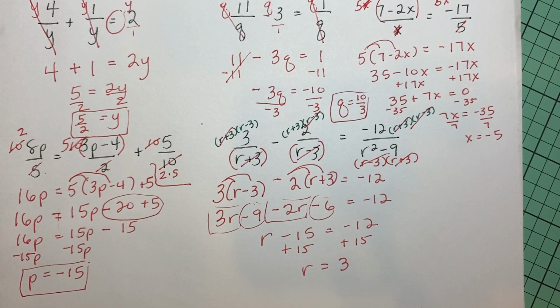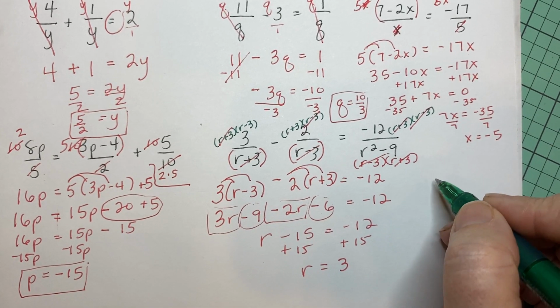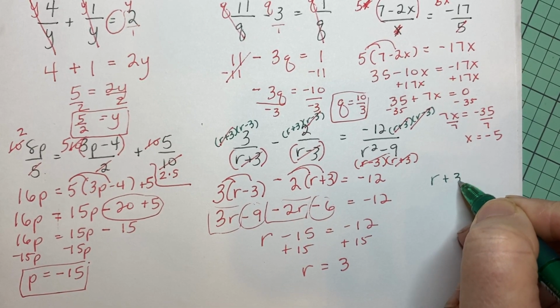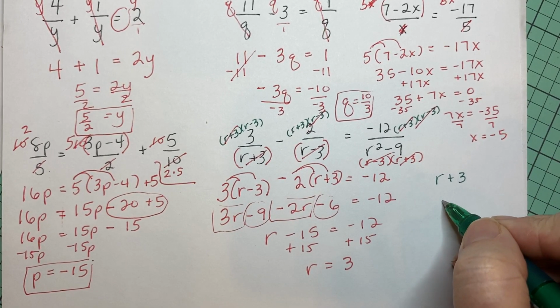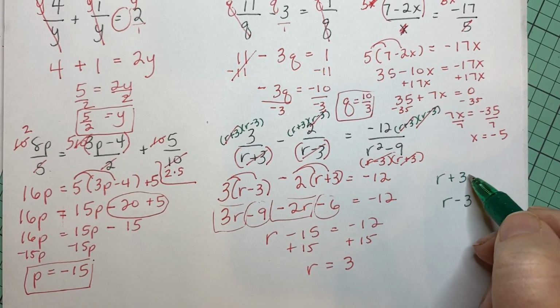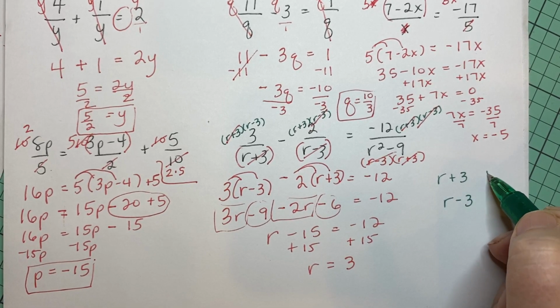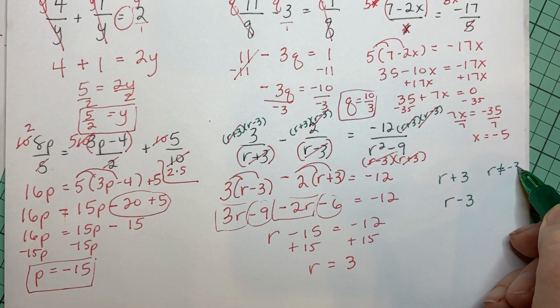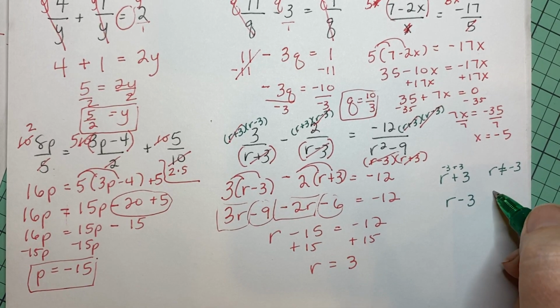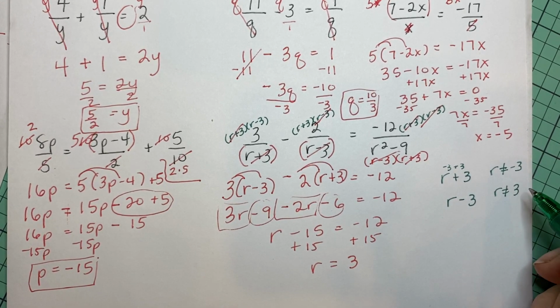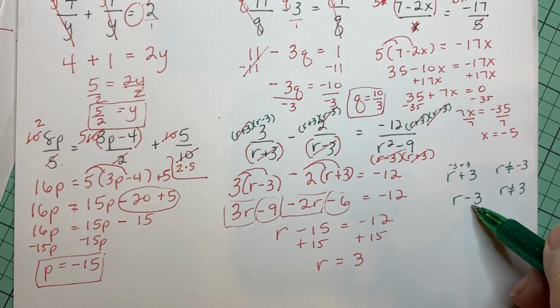And so in your head, you've got to think, we have the denominator of r plus 3 and we have the denominator of r minus 3. So for this one, r could not equal negative 3 because negative 3 plus 3 would make that a 0. And this one, r cannot equal positive 3 because that would make that one a 0.